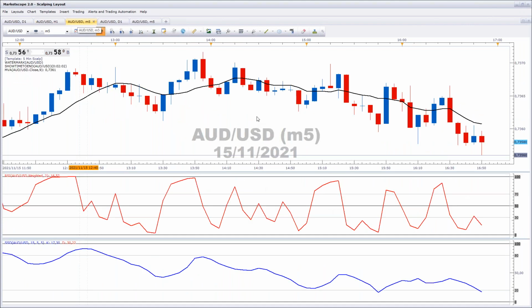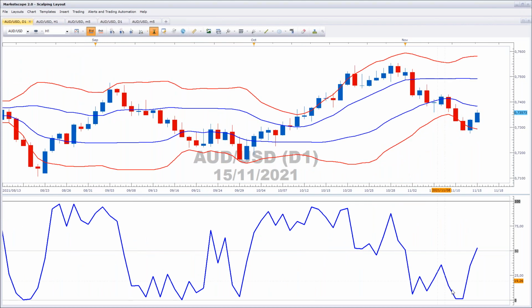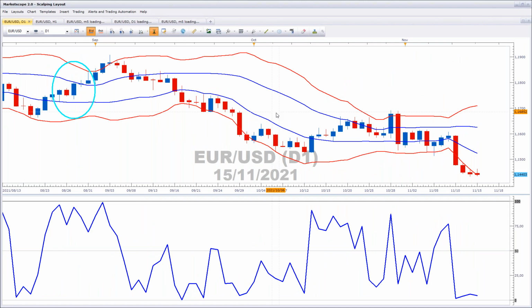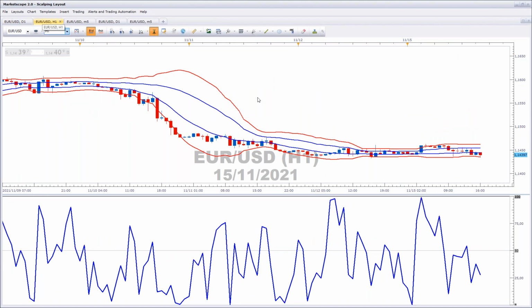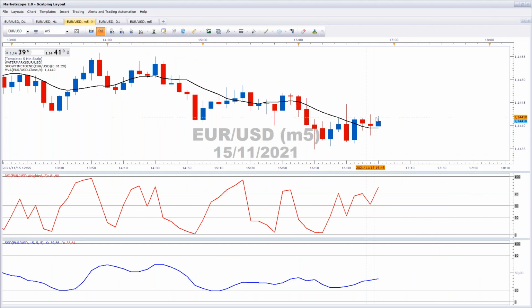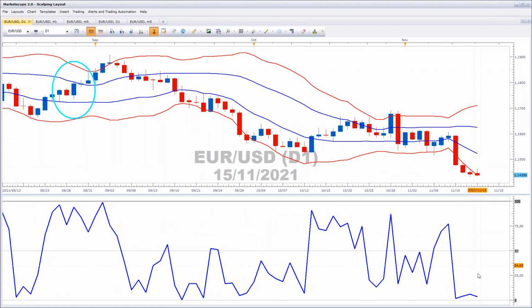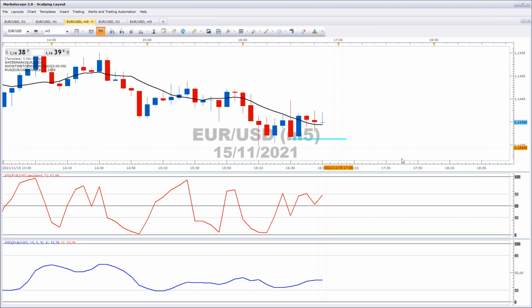Looks like another tough trade. Just taking a look at cable.